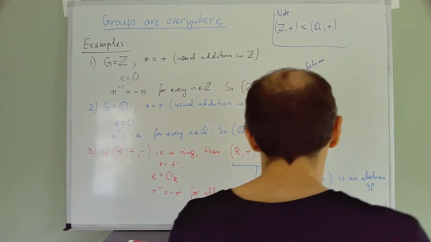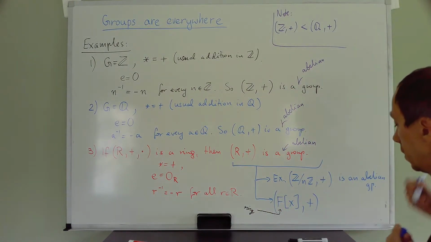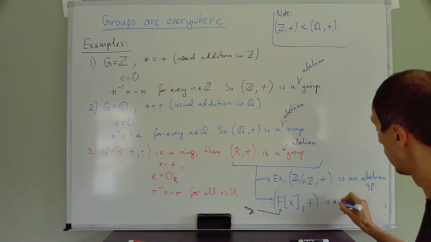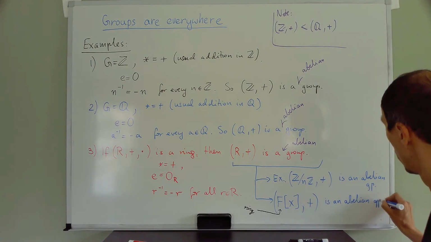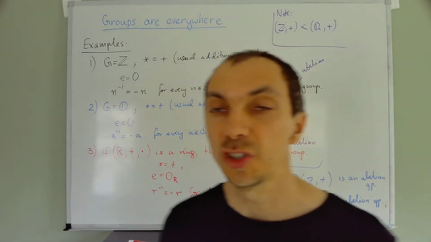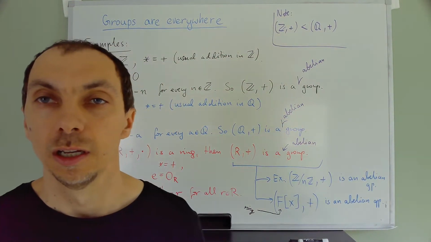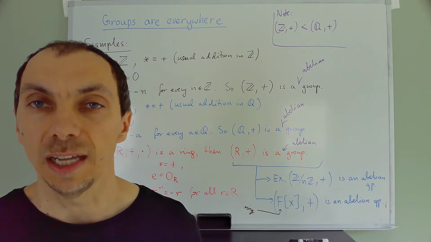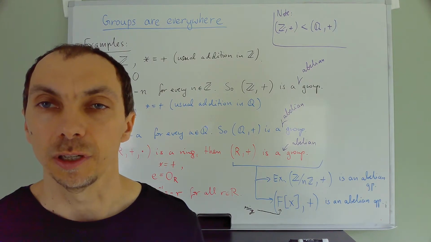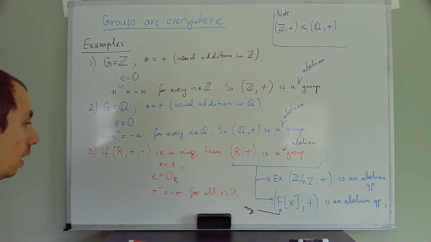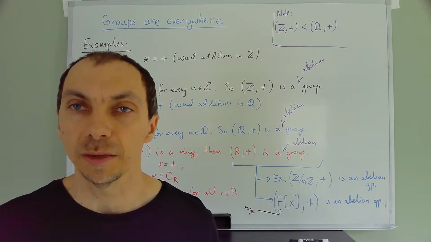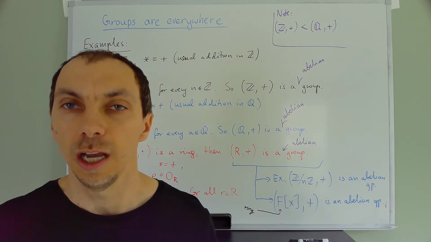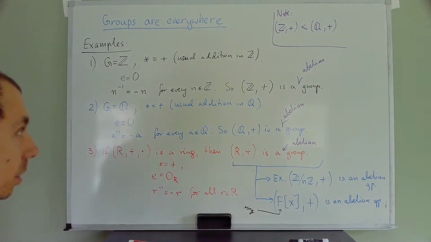So this is also an abelian group. Whenever you start with a ring, you can just use addition and form yourself a group. Okay, but rings come with two operations. So maybe I can now use the other operation, forget about addition and just use multiplication, and also get a group. Let's examine this.